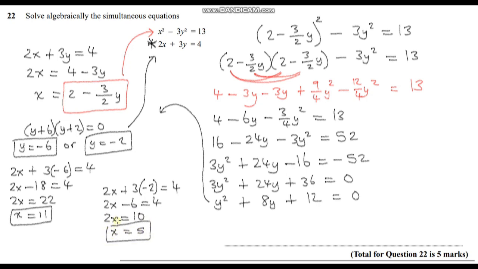So we've got our two pairs of solutions. Let's do this one first: x equals 11 and y equals negative 6. Or we could have when x equals 5 and y equals negative 2.